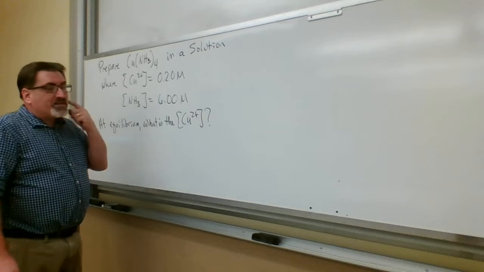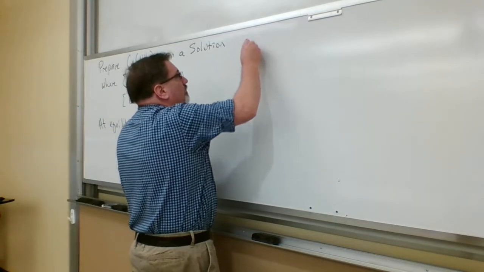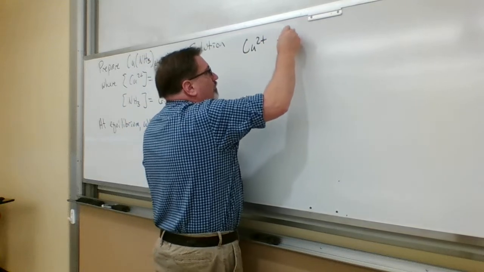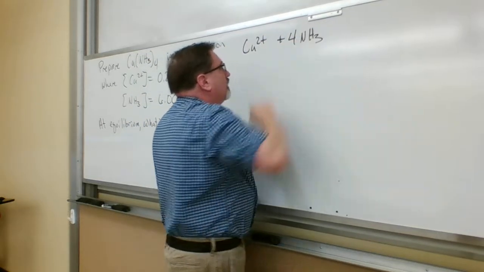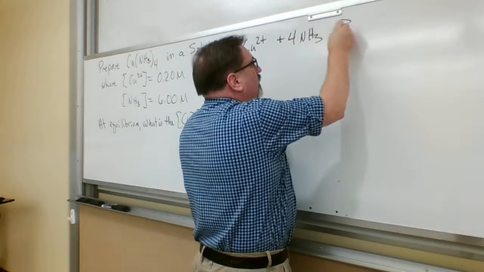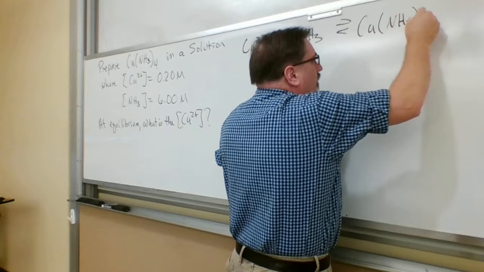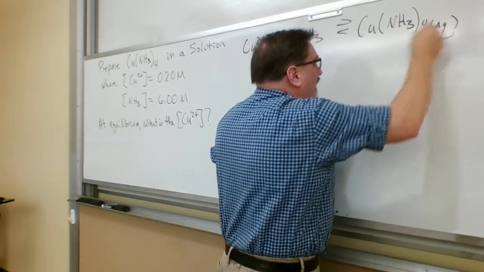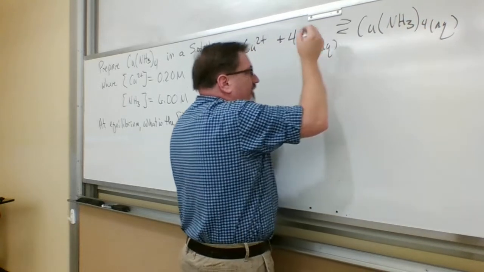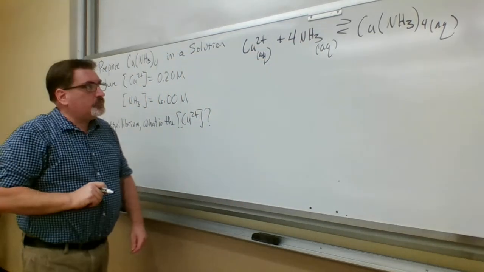Okay. So we need an equation for this reaction. Cu2+ and 4 NH3, both aqueous, in equilibrium with Cu(NH3)4 2+. Everything is aqueous, so we really don't need to show any of the states, but we can.